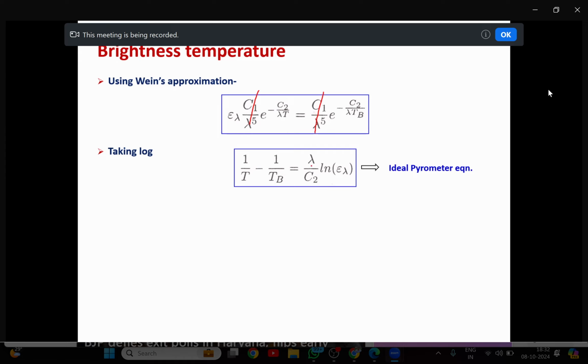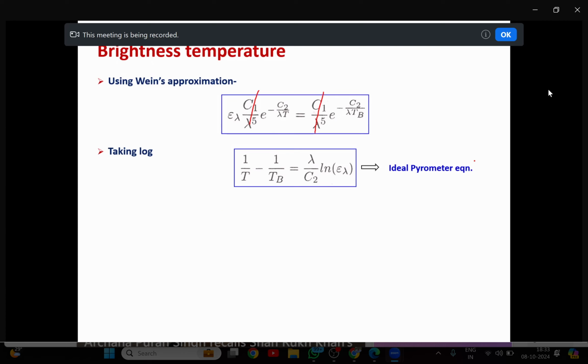If you know the wavelength at which you are doing the observation in the experiment, and you know the emissivity of the surface, you can actually predict the actual temperature. We will go through the experimental setup, but this is the theory. If you can measure the brightness temperature, you can measure the actual temperature of a surface using this ideal pyrometer equation.